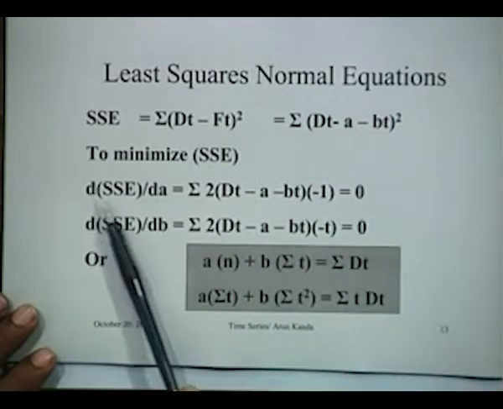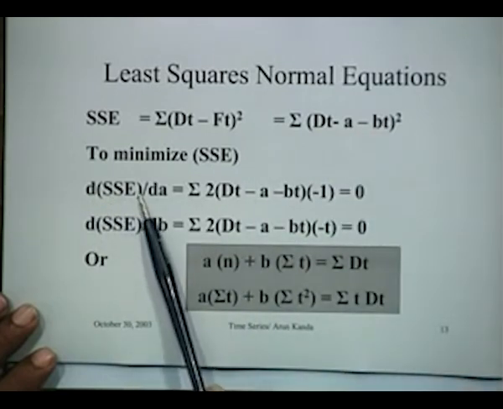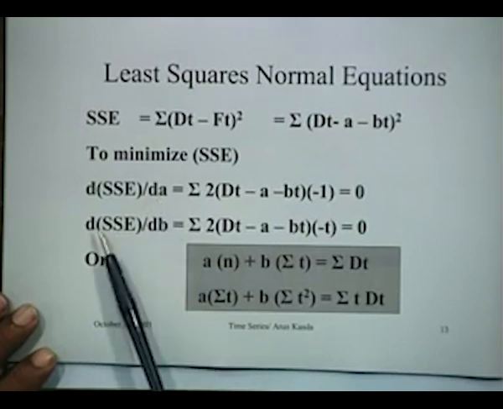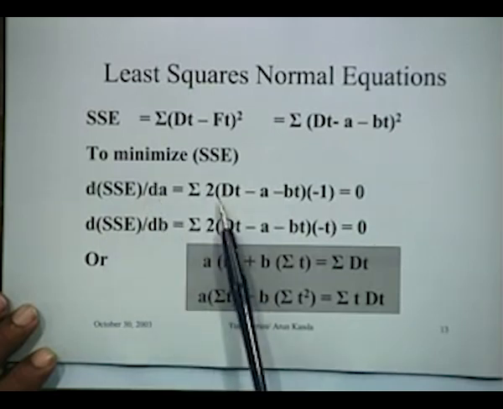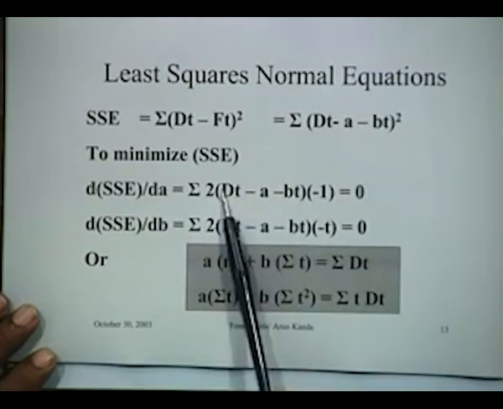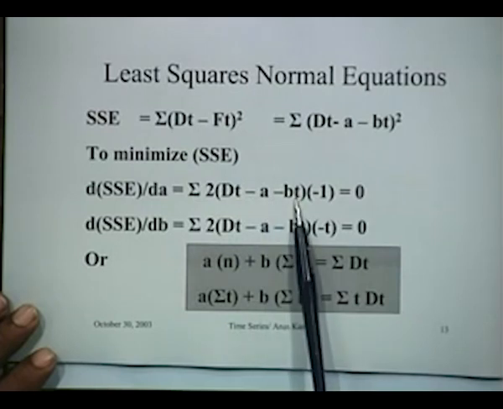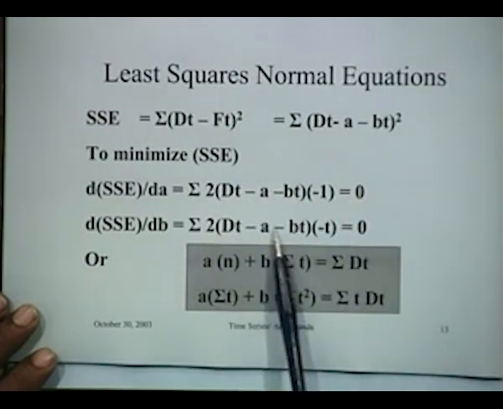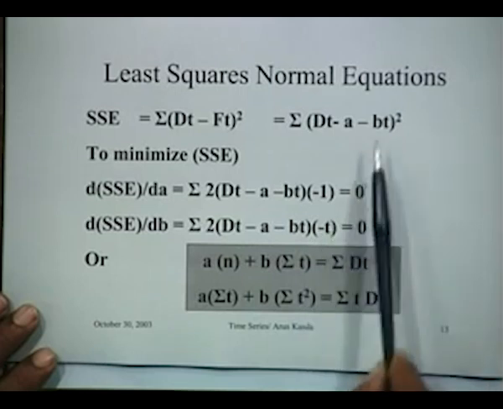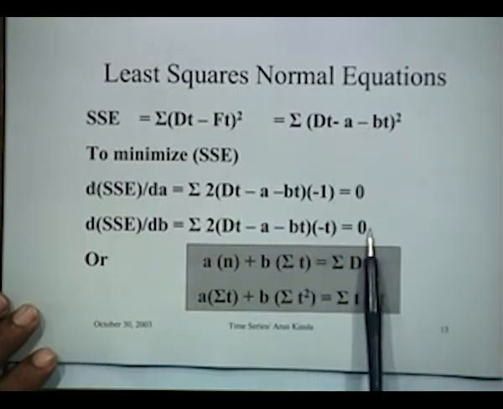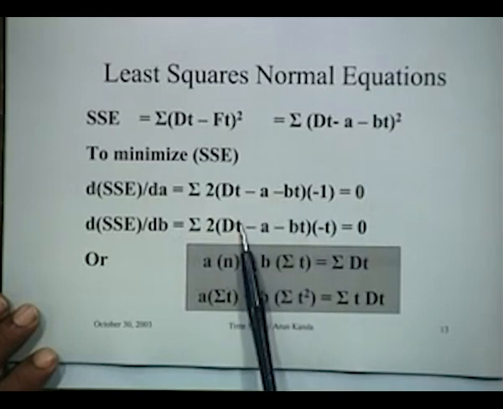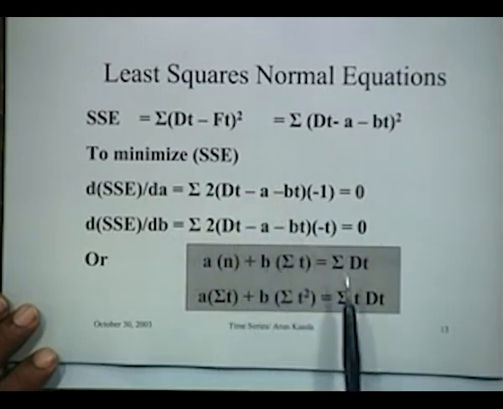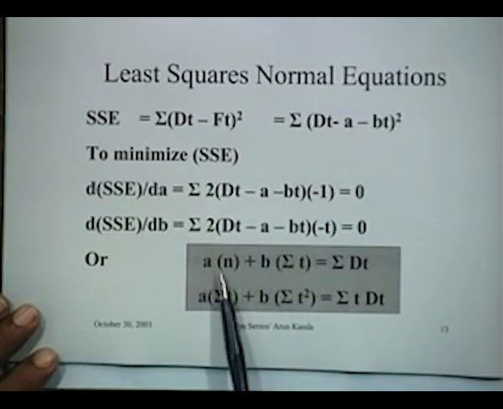So you take the partial derivatives of the sum of the squares of the errors with respect to a and with respect to b, and you get in fact 2 into (dt minus a minus bt) into minus 1 is equal to 0, and 2 into (dt minus a minus bt) into minus t, which is the coefficient of b, is equal to 0. And what do you find if we rearrange these equations such that the coefficients of a and b are here?